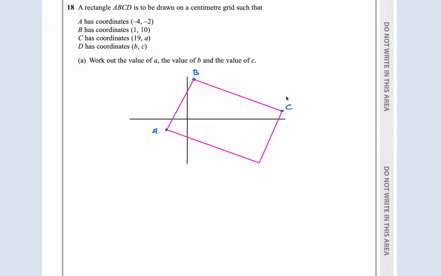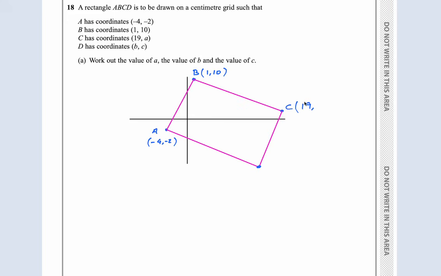Okay, is that good enough? No. Let's try again. Okay, that's okay. So we know this point here is -4, -2, and we know this point is 1, 10. So this question is actually trickier than you might think.